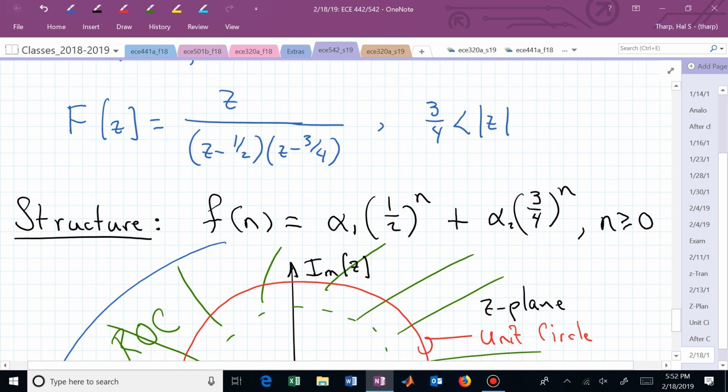Did every time you saw a transform expression, you went and re-derived each Laplace transform pair? I'm guessing not. You probably worked with a table, didn't you? If that's the case, if we now have Z transforms in a table, what entry would we be looking at to try to find the inverse Z transform associated with this structure for little f of n?